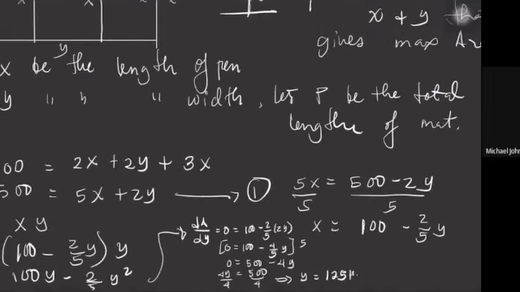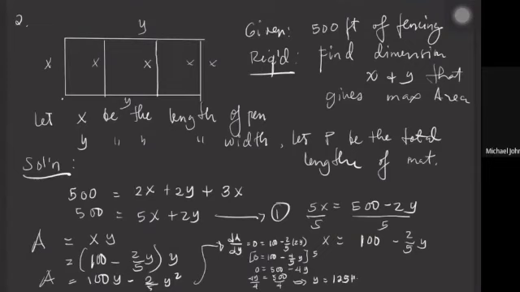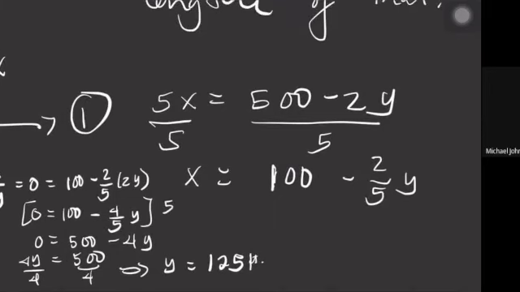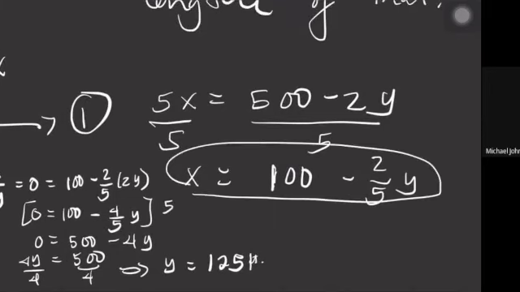That means for this given problem, our y is 125, which brings us to the value of x using equation 1. Or you could also use this. Solve for x. Therefore, x is equal to 100 minus 2 over 5 times 125.